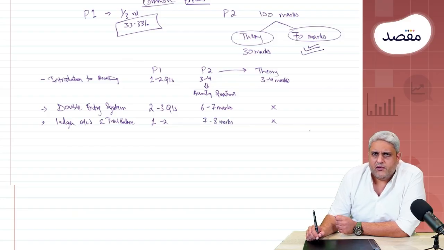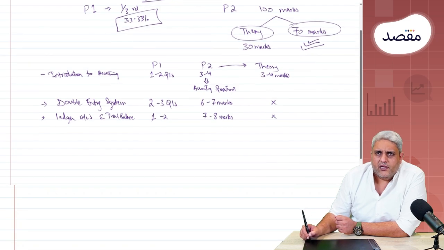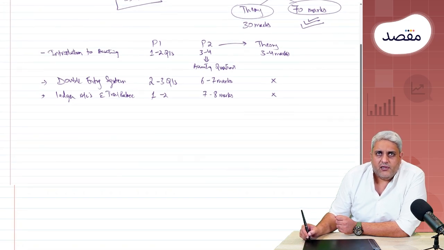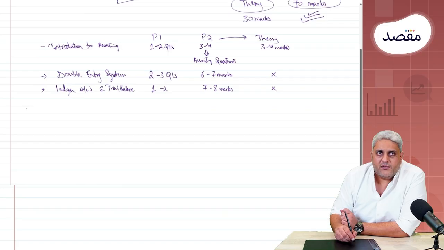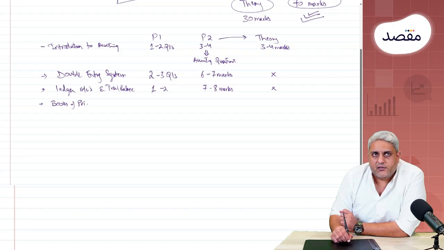And theory, not exactly. I don't think examiner will be that much friendly. Now, moving on to books of prime entries and books of original entries.